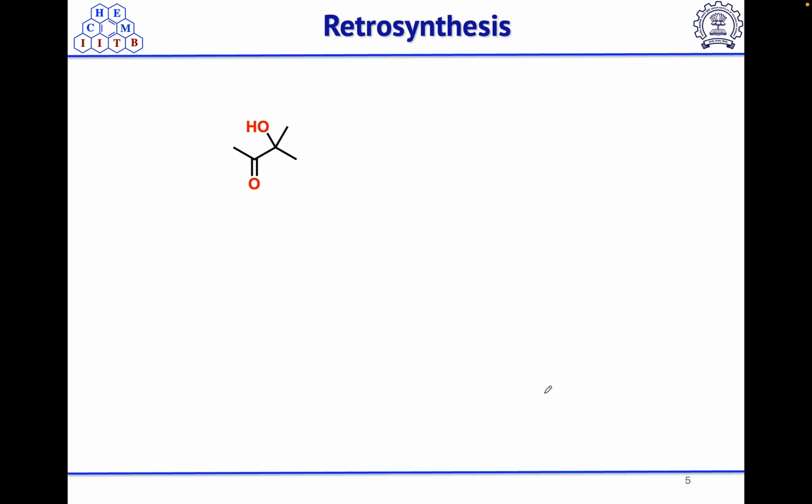Think in your mind, or you can write in your notebook. Just before that, think about what functional groups are present in this molecule, and then you can easily get an idea how we can break the C-C bond.